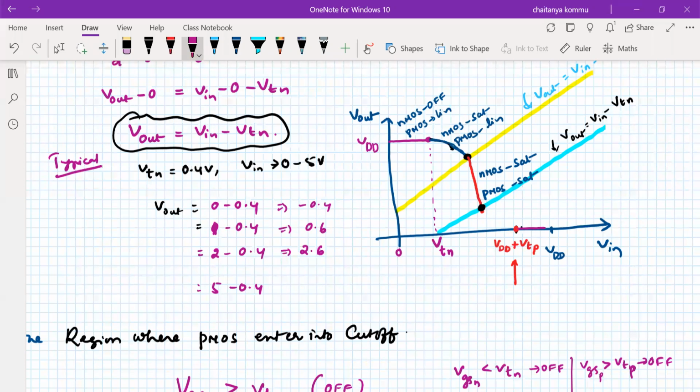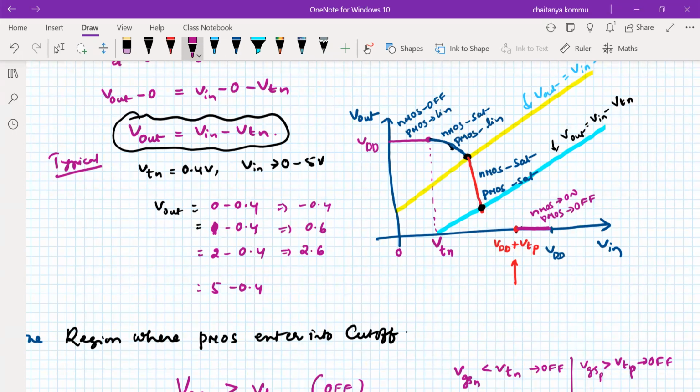Okay, so up to this point onwards, what I can say is that NMOS is on, but PMOS is off. Agreed? So from this point onwards, VDD plus VTP onwards, this is happening. Now what happened between these two points then?